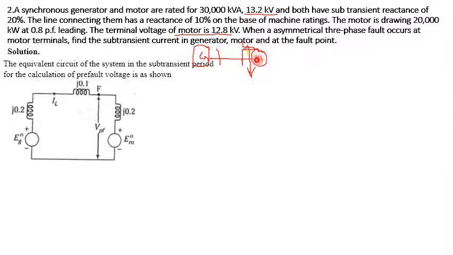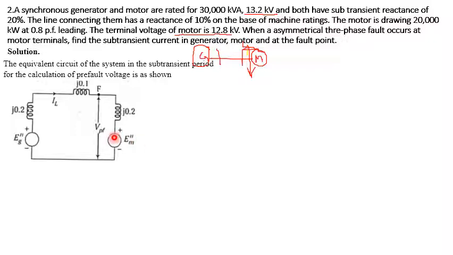So based on this single line diagram I can write that the generator reactance is 20% and the motor reactance is also 20%, that is 0.2, and the transmission line has a reactance of 10%. Generator, transmission line, and motor, with the source EMFs EG double dash and EM double dash.